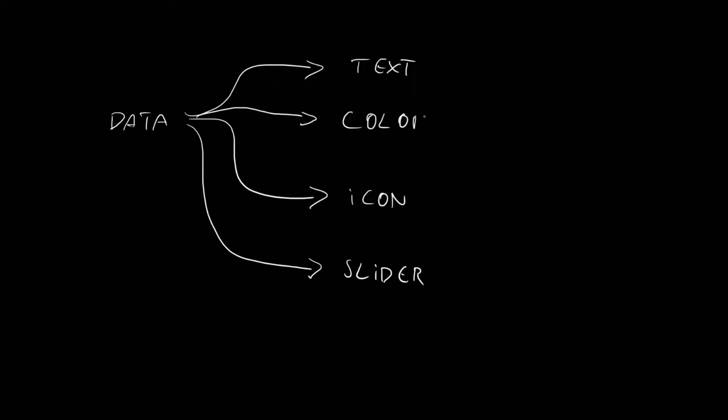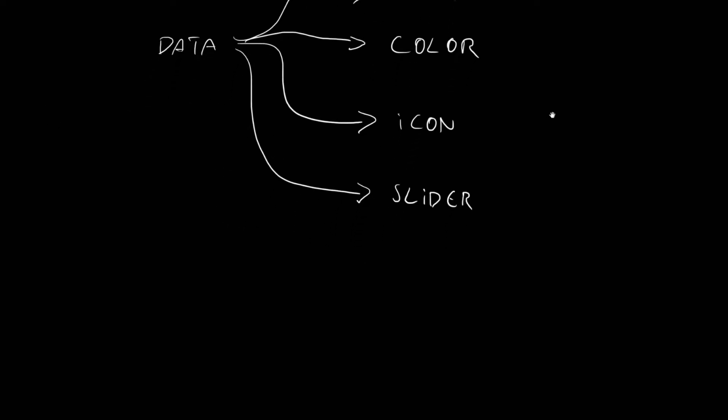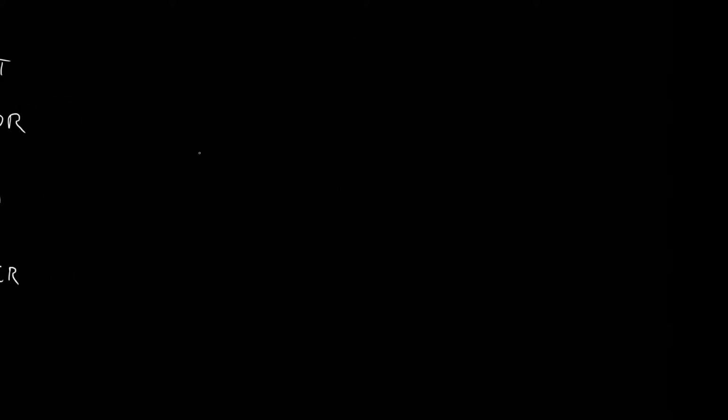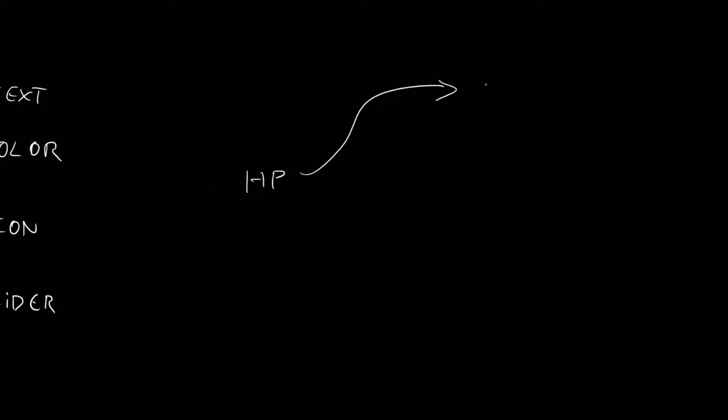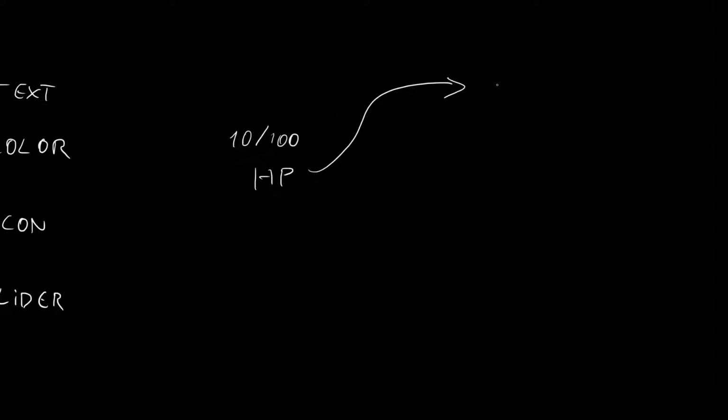Or as a color, for instance. So for instance, you take your HP. Let's say you have your HP value, and you can say, okay, write the text on screen, like how much HP do you have? Let's say that we have 10 out of 100 HP. So we can just write that, 10 out of 100, as text, right?